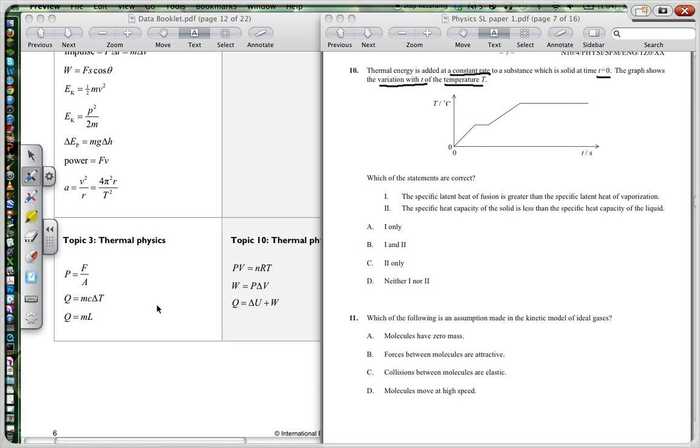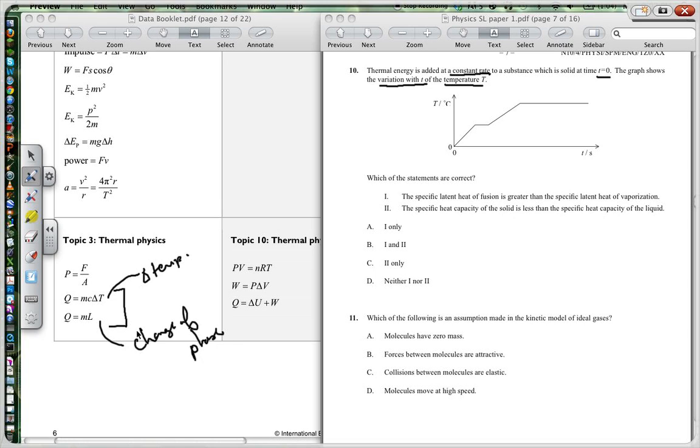Now, we're actually going to be using these two formulas over here. This is the thermal physics section, so we need to be thinking of these three formulas, but this is dealing with when temperature is changing, so you get a change in temperature, and this is when you're having a change of phase.